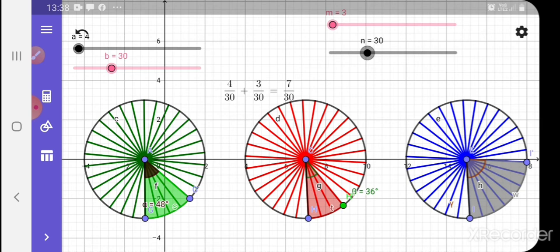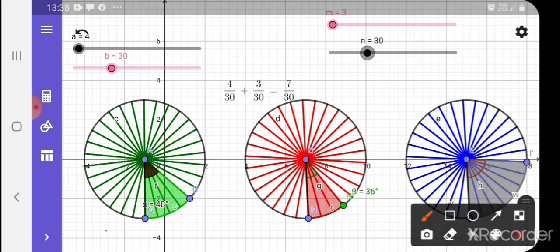So the first circle is divided into 30 parts as the denominator is 30, and you take 4 as the numerator. In the second fraction, again you divide the second circle into 30 parts and you take 3. So here 3 sectors are colored, here 4 sectors. In total, the answer is 7 sectors colored. You see, count here.